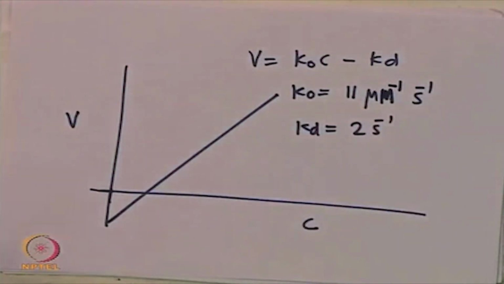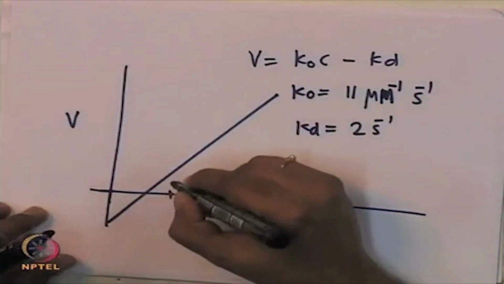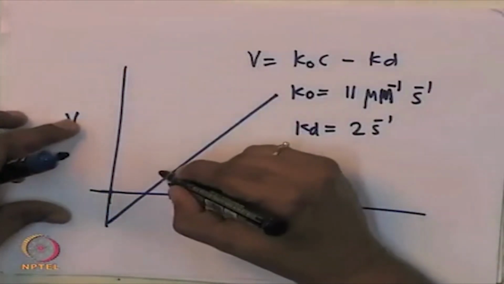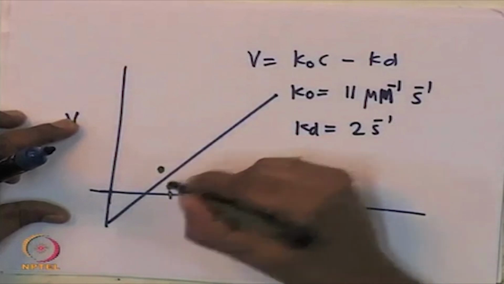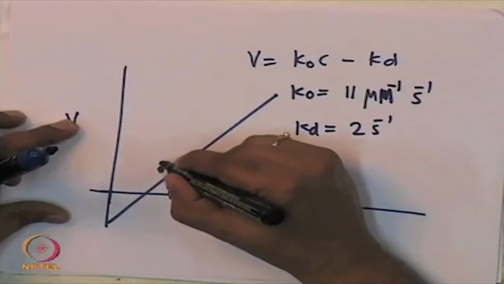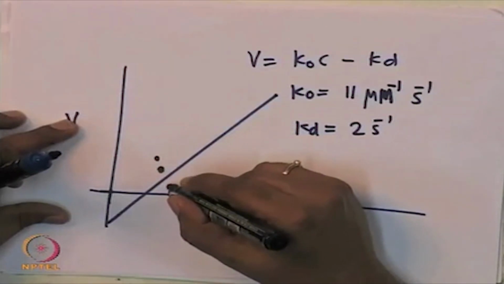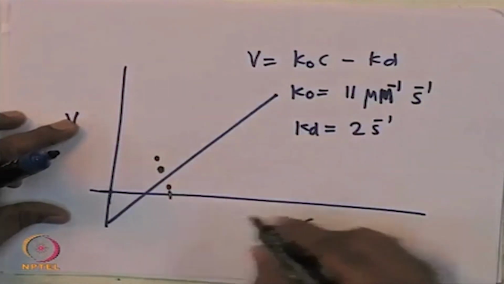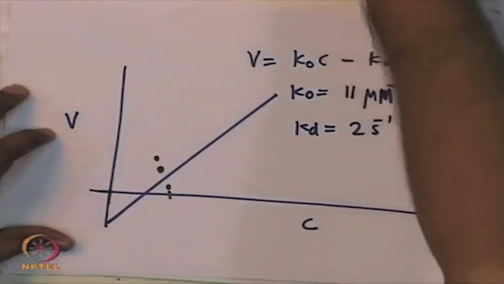Now, if you do an experiment for a particular value of concentration, I might get a point here, if you do an experiment you might get a point here, if somebody else does an experiment they will get a point here. So, let us take an even simpler case.